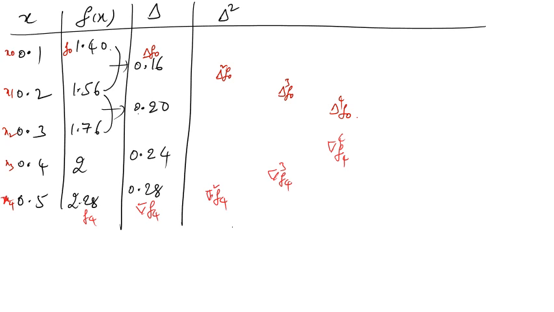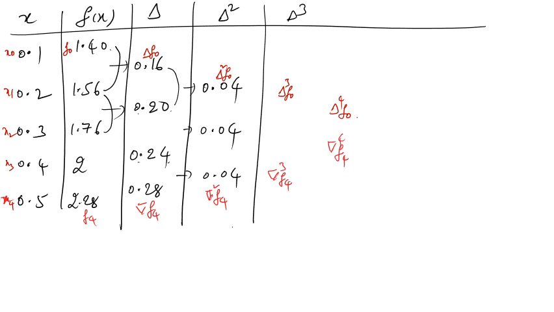And the second differences, delta square: between 0.20 and 0.16 is 0.04, 0.24 minus 0.20 is also 0.04, and between these two is also 0.04, right? And the third differences, 0.04 minus 0.04, is 0, and the fourth is also 0.